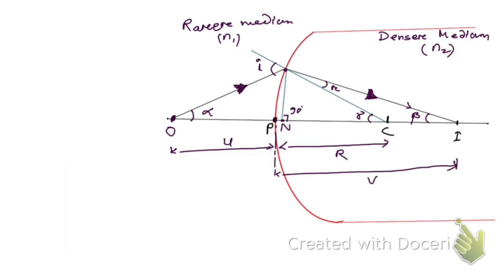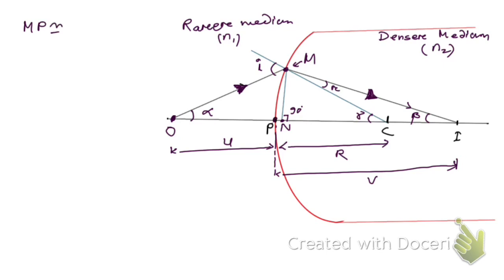So that's why, if these two points, P and N, are very close, let me take this point as M, where the incident ray strikes the surface. If these two points are very close, we can consider that MP and MN are equal, approximately equal.